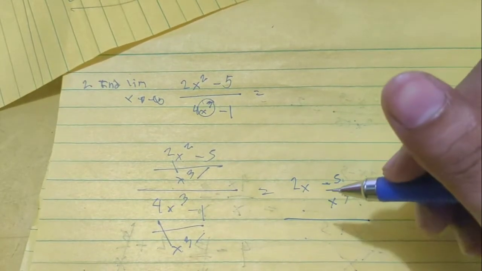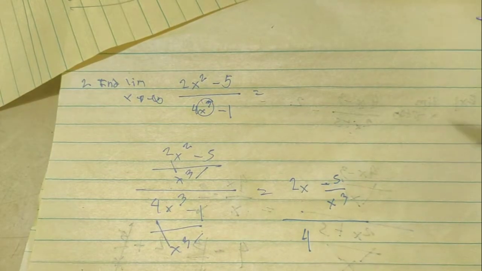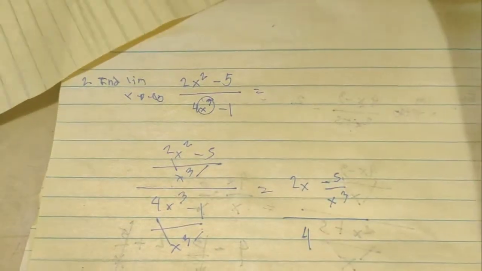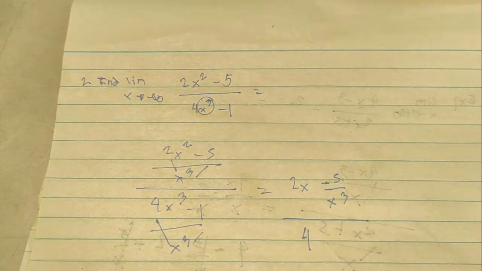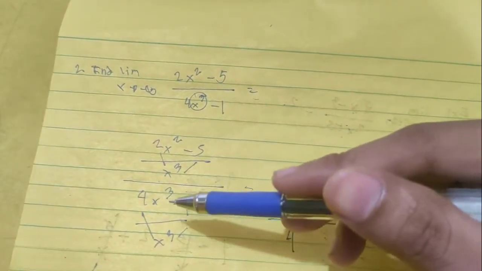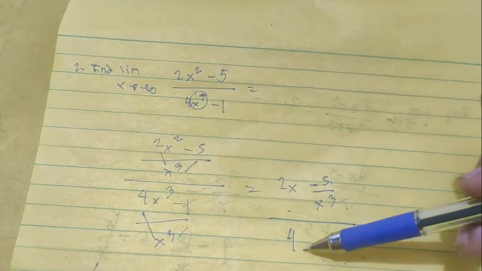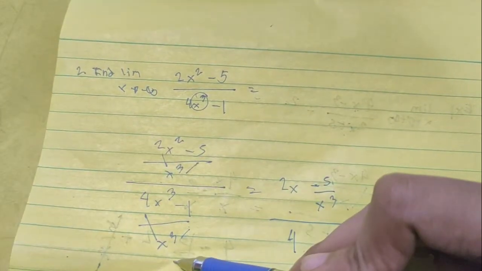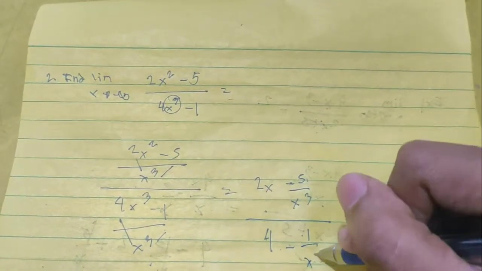Our denominator will get 4, because x cubed divided by x cubed is 1. So 4x cubed divided by x cubed is equal to 4, and negative 1 divided by x cubed is negative 1 over x cubed.